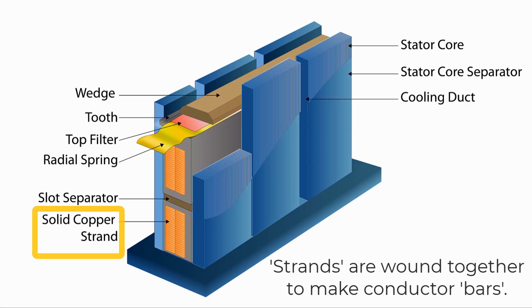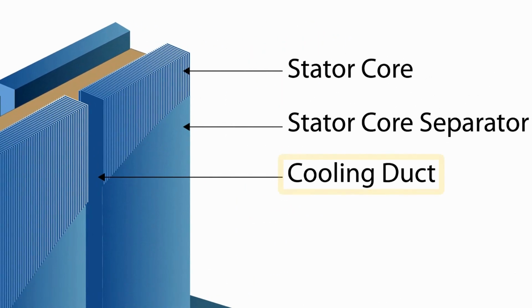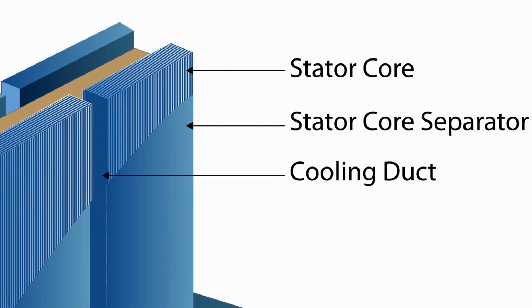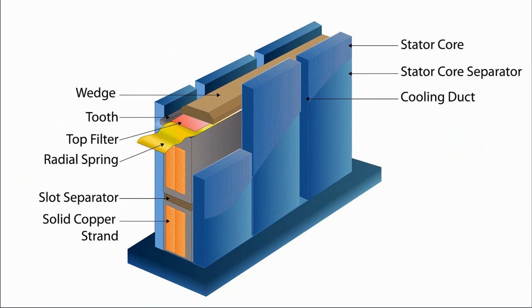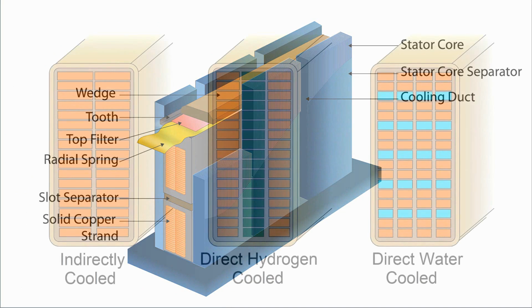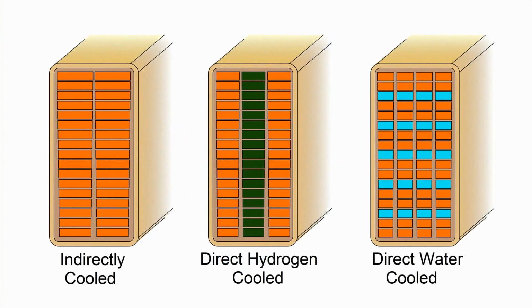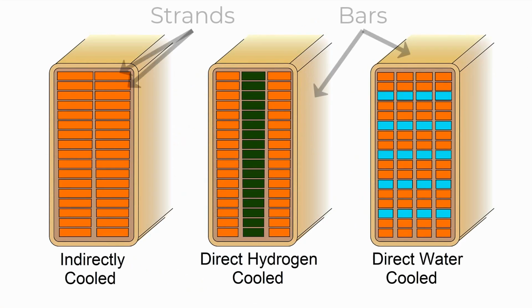Sometimes we'll leave gaps between some of the components to allow air or hydrogen to flow through and cool our rotor or stator. Sometimes we'll leave passages within our conductor bars to allow the cooling medium to flow through. The conductor bars are made of different strands that are wrapped together to form a conductor bar. The reason we use this design is to reduce our losses and increase efficiency.